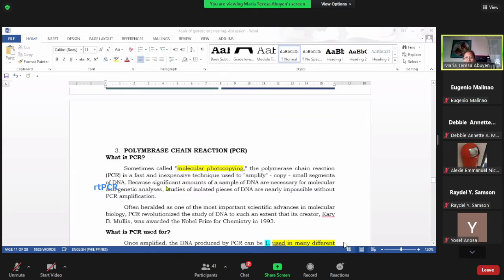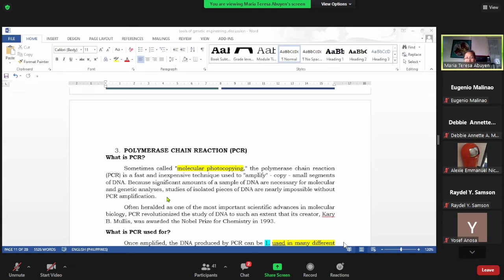Polymerase chain reaction is sometimes called molecular photocopying. It is like making a photocopy: from one original copy, you can reproduce it many times, 100 times, thousands, or even millions.